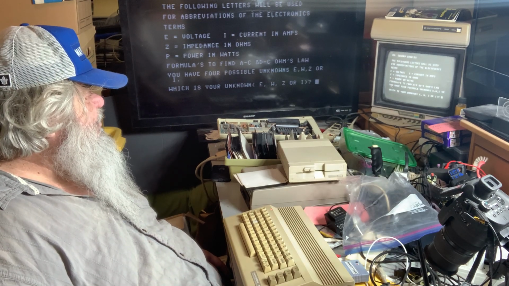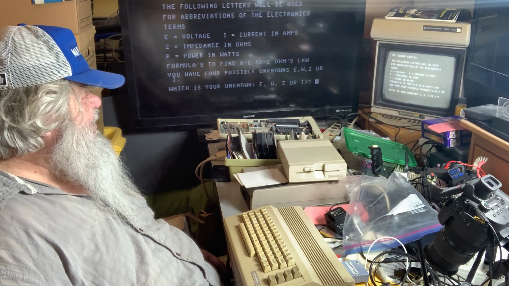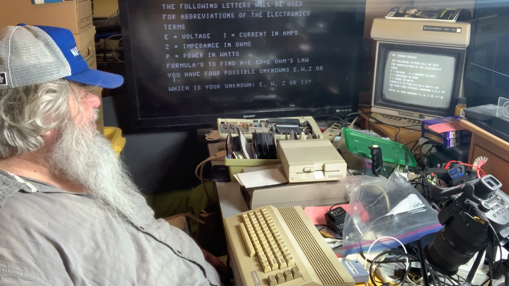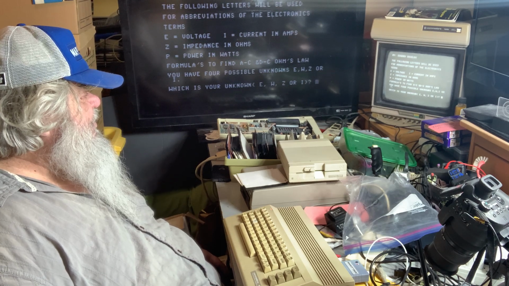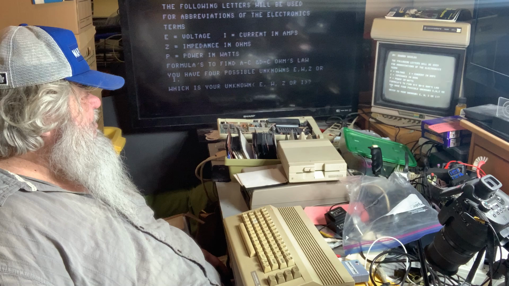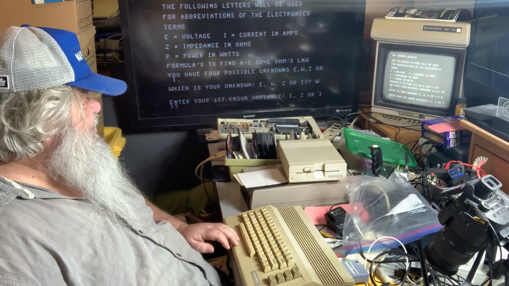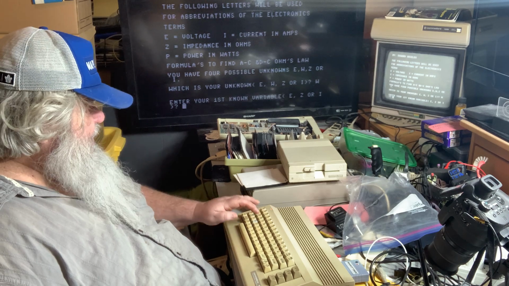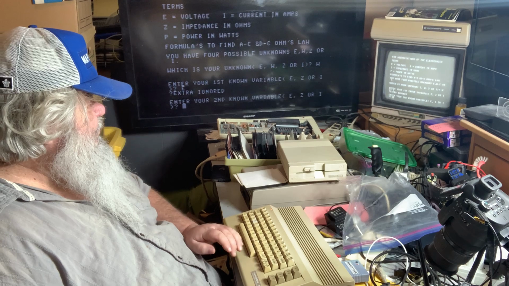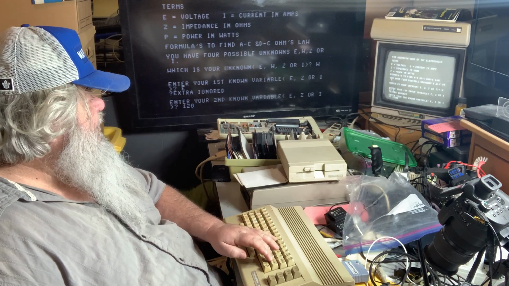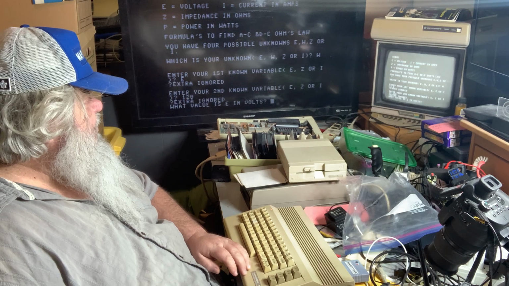So the letters will be used for abbreviations of the electronics terms. E, voltage; I, current in amps; Z, impedance in ohms; P, power in watts. Formulas defined A to C, D to C. You have possible unknowns, E, okay. Which is your unknown? Okay, let's say watts. Enter your first known variable. E. Oh, okay, 120. What value is E?